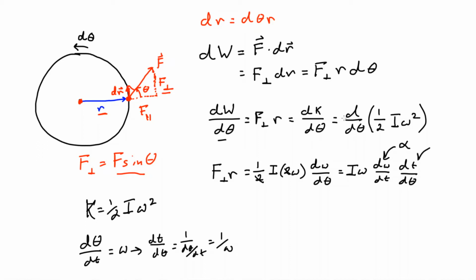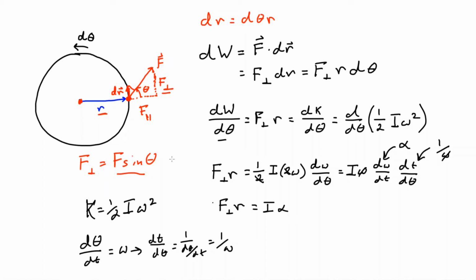So this here, dt d theta, is just 1 over the angular velocity omega. Well, this 1 over omega here cancels this omega here, and I end up with this really simple expression: F perpendicular times R equals I times alpha.